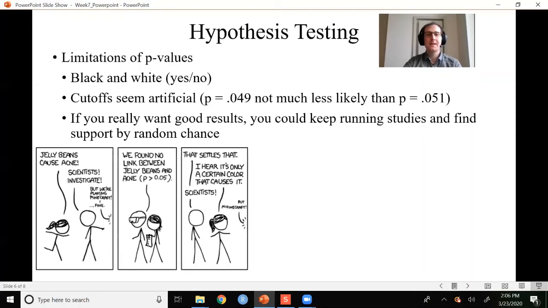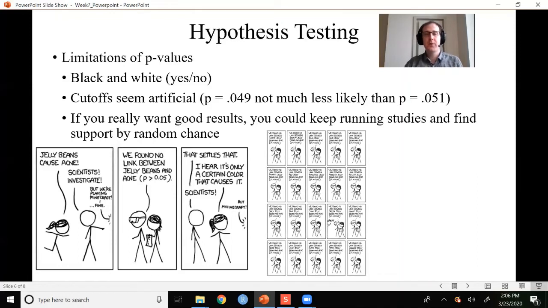But let's say that we have a really strong opinion that jelly beans cause acne, like in this XKCD comic. So we might be looking at this and say, we are convinced that jelly beans are the scourge of everyone's complexion and they cause acne. And so we're going to go about testing that hypothesis that jelly beans cause acne.